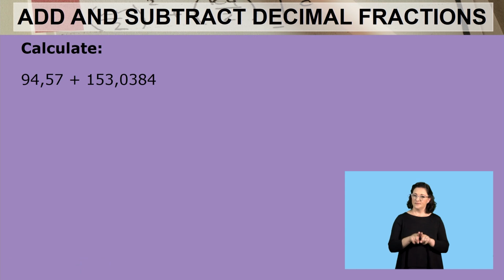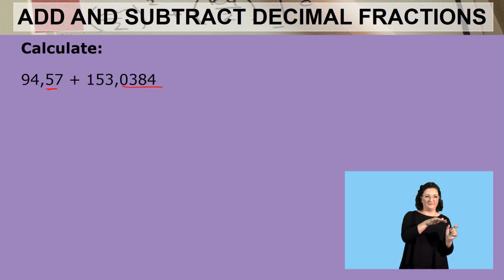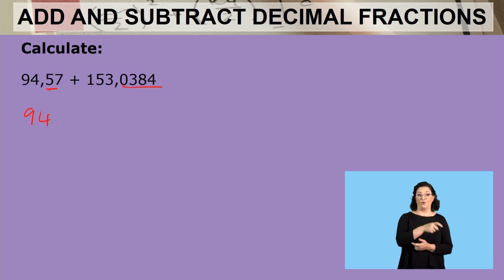It's the same kind of question, but the issue is the decimals are not the same. Remember what we said: we must have the same number of decimals for us to do this. Now this would be 94.5700 plus 153.0384.